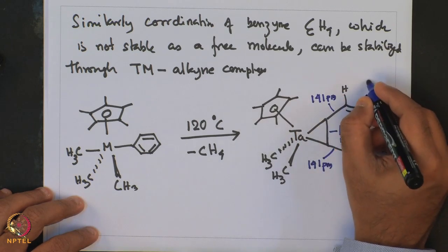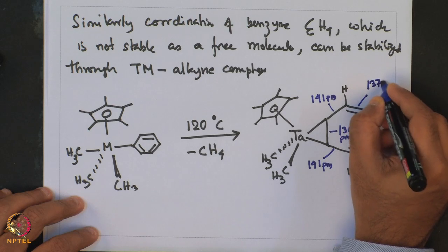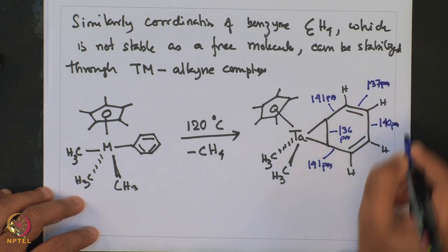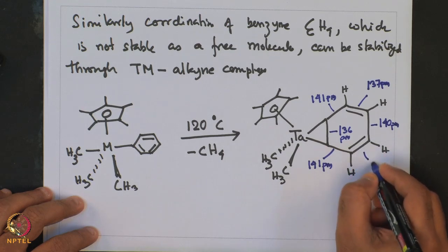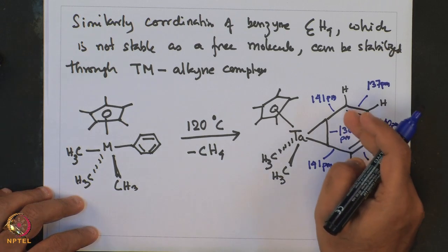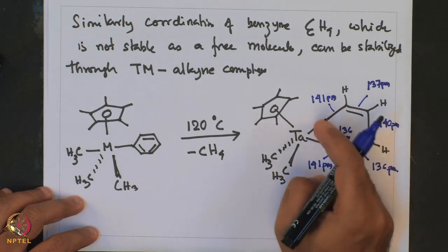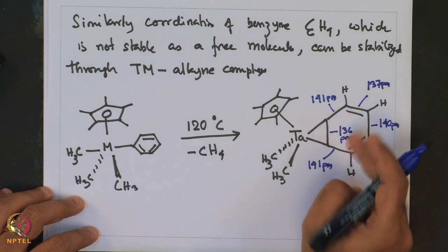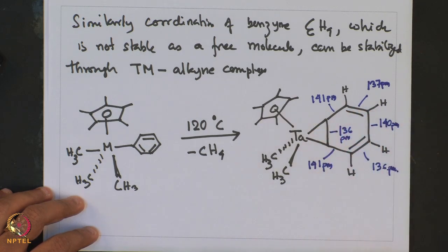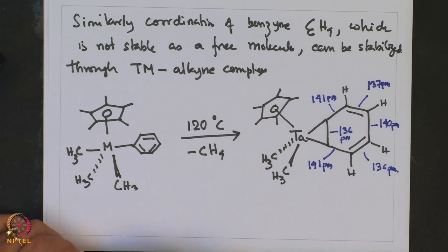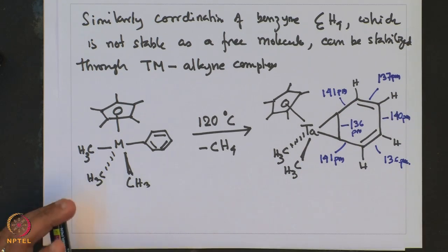This is a double bond, this is 137 picometer, 140 picometer, and this one 136 picometer. So, there is an alternating double bond, single bond, and this has a multiple bond character approximately equal to a double bond, because this also is about 136 picometer, and these two sides having a single bond are slightly higher, at 141 picometer.